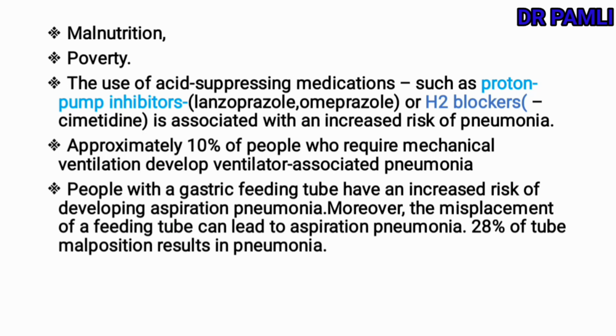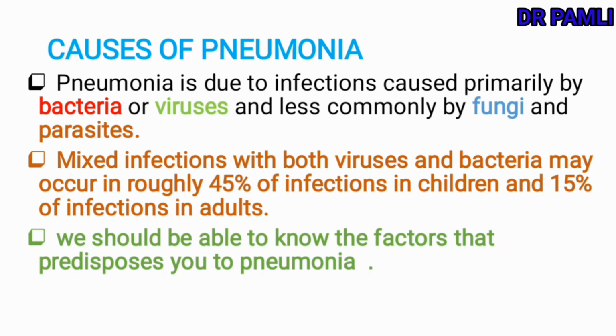So this one we must take very, very seriously when somebody has severe anemia and also needs feeding. Sometimes we just consider parenteral feeding more than a feeding tube, because 28% of tube malposition can result in pneumonia, even if you insert an NG tube in a very proper manner.